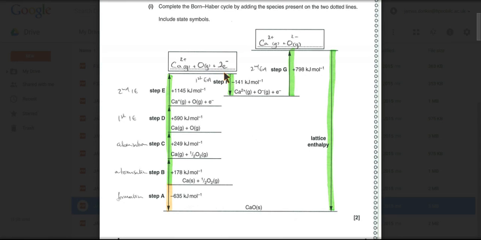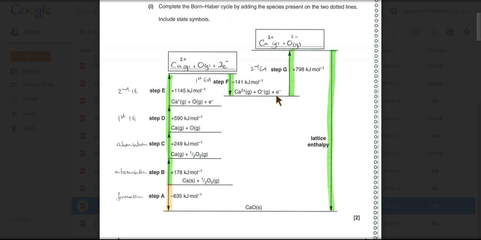The first thing we're going to do is the first electron affinity of oxygen, and that's going to take the O gas to O- gas. That's done by adding one of those electrons, so you've only got 1 electron left on here.